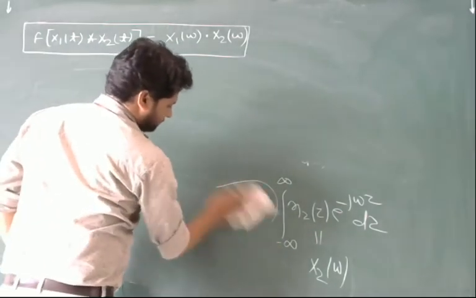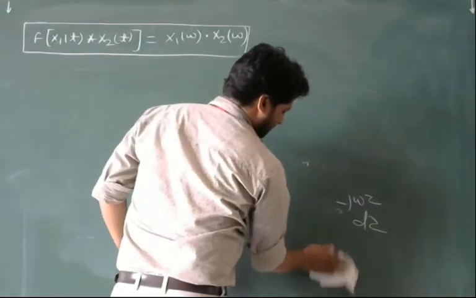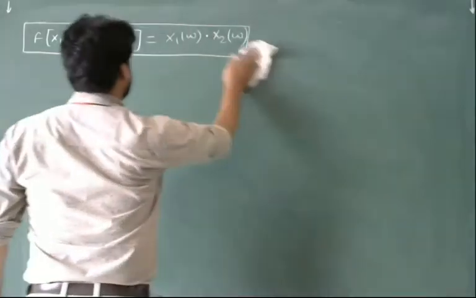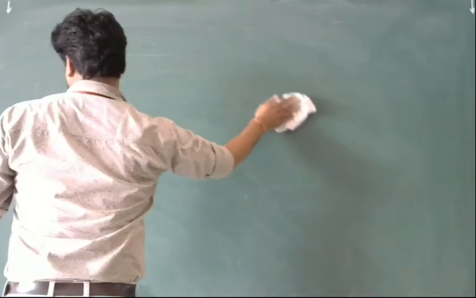Next one is the multiplication property of the Fourier transform.